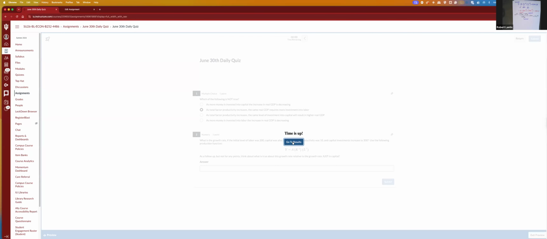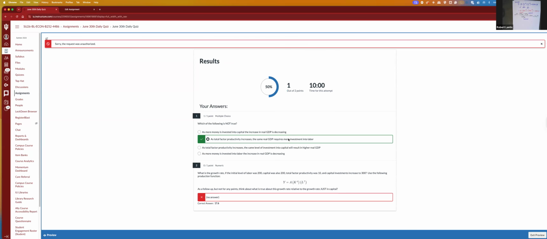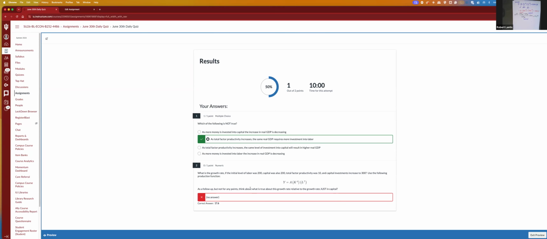So as a follow-up question in that daily quiz, okay, this isn't a question, but let's think about this because this could be a potential question. One thing that we notice is we calculated the growth rate in real GDP. What's going to be true if we compare that instead to the growth rate of capital?